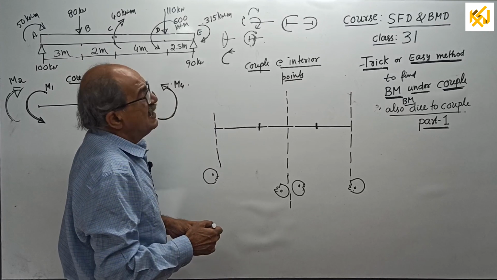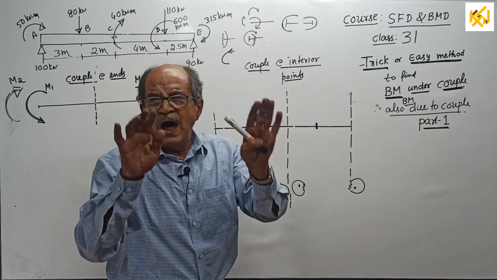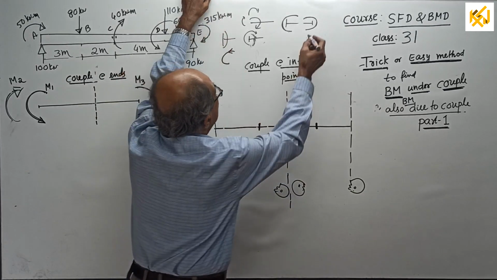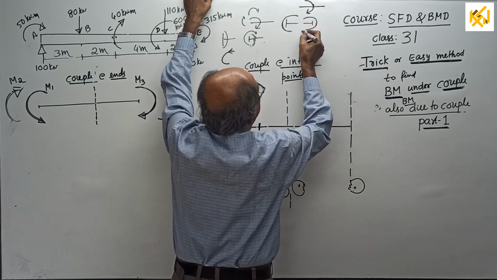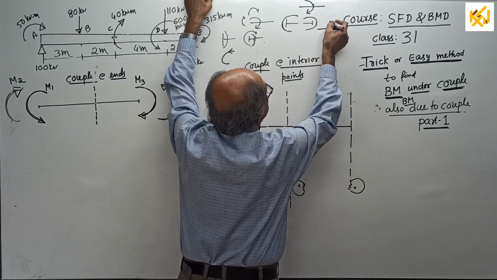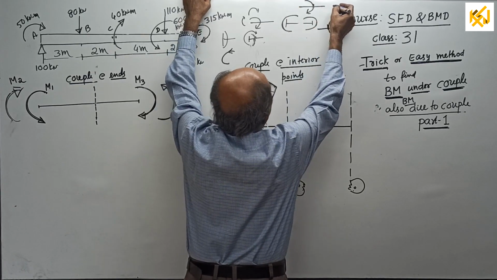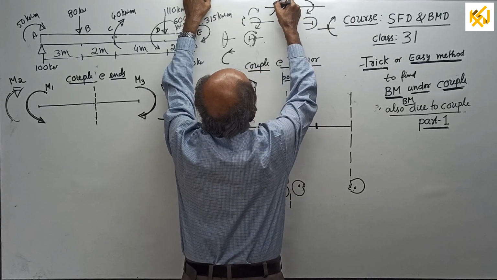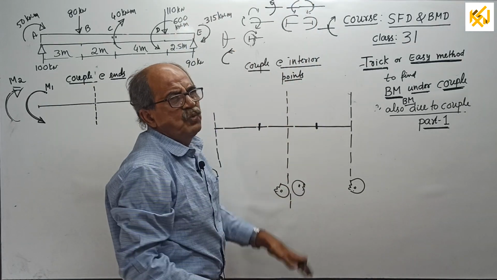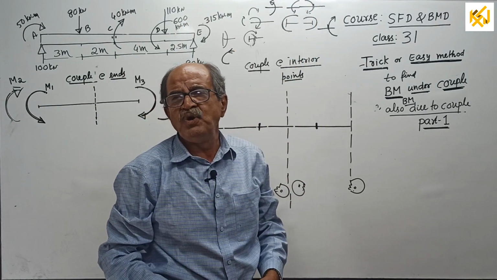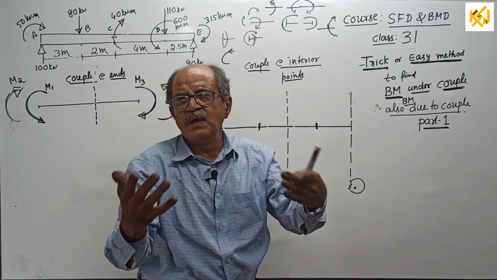Let them give the couple whatever way they want. They can give a couple like this, or the same couple like this, or if it is an anti-clockwise couple, it can be given like this or like this. Let them give whatever they want.